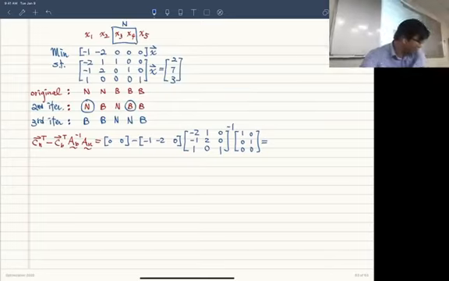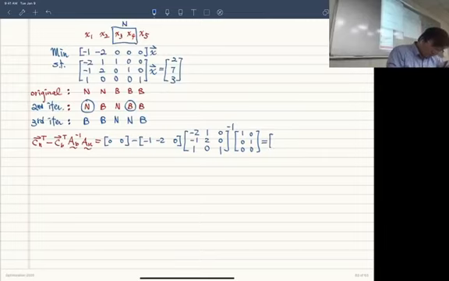And MATLAB tells me negative 1.333 and 1.667.